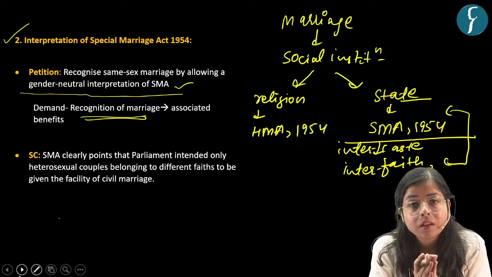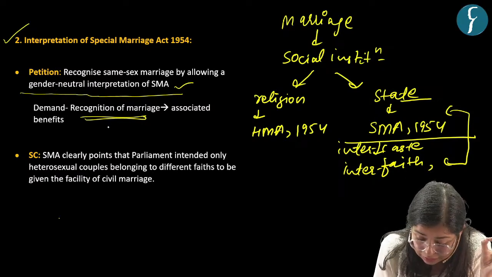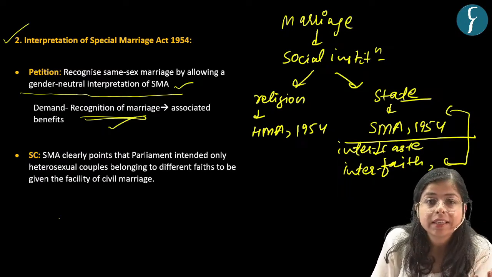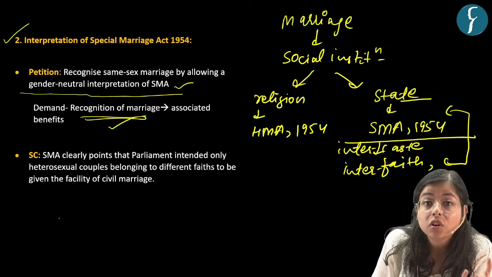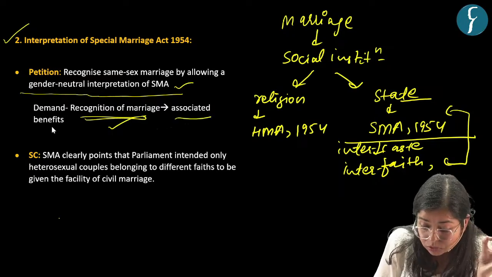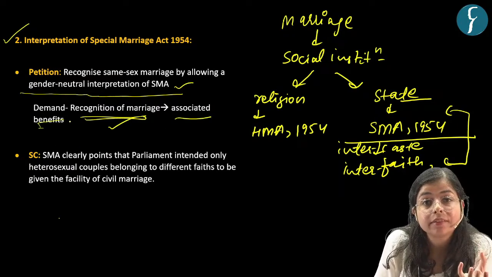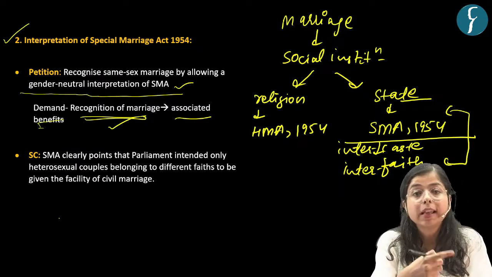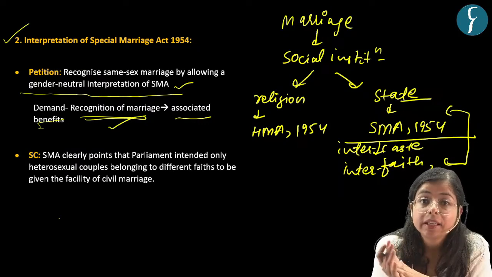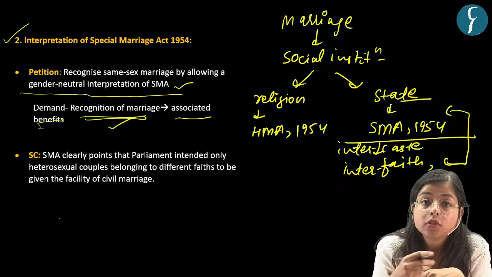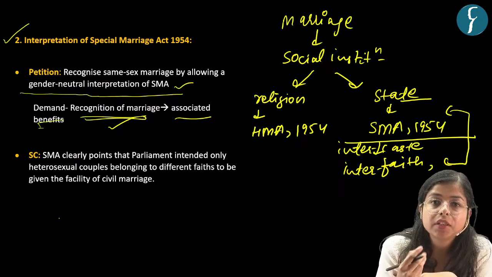Okay, now the recognition of their marriage also confers some associated benefits with it, right? Now, what are these associated benefits? If we talk about the LGBTQ community, if their marriage is recognized, the couple can open a joint bank account, they can claim insurance benefits.